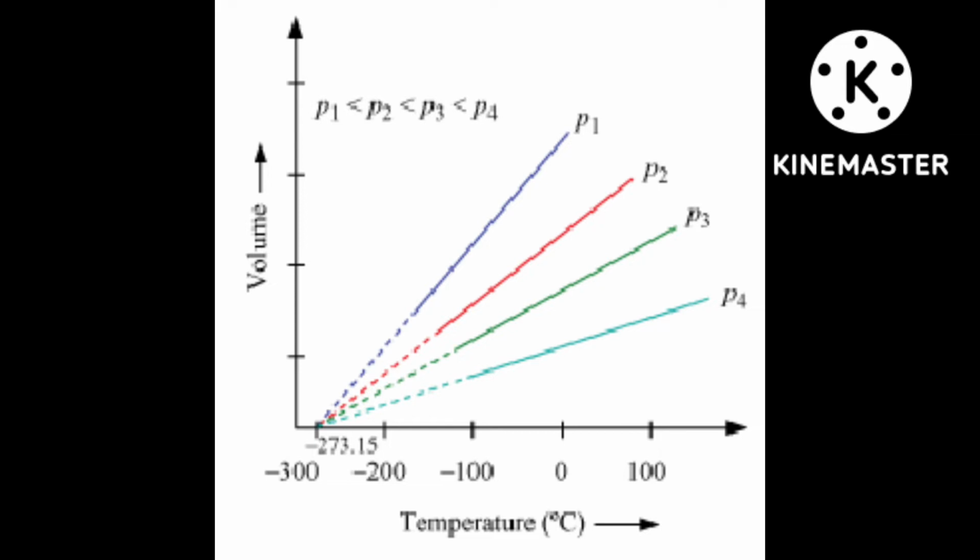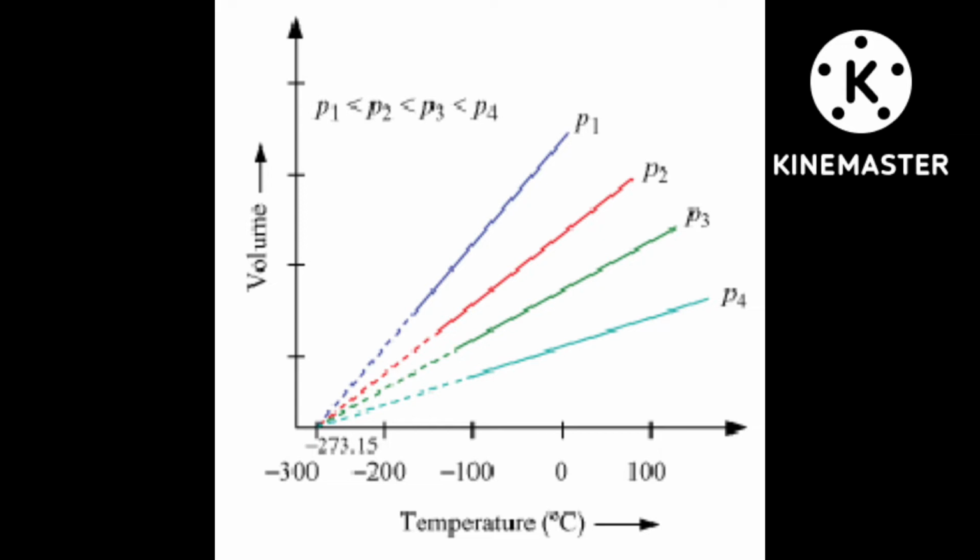And simply, 273.15 is 0 degree Celsius. Thus 0 degree centigrade on the Celsius scale is equal to 273.15 Kelvin. 273.15 plus t, if t is 0, then you will get 273.15 K, capital K, on the absolute scale.